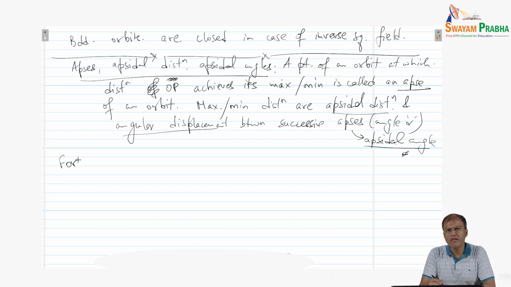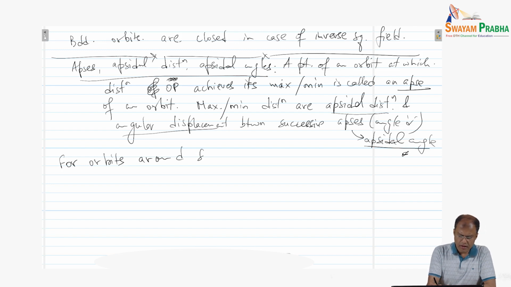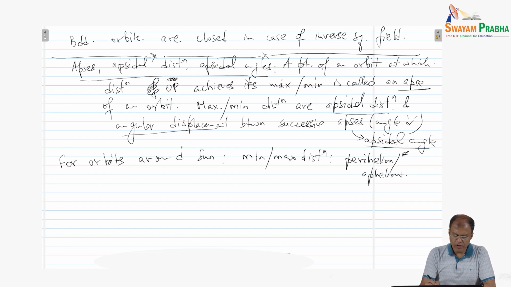Okay, so then for the Sun, these apsidal distances have special names. For Earth also they have special names. So for orbits around the Sun, these minimum and maximum apsidal distances are known as the perihelion and the aphelion.